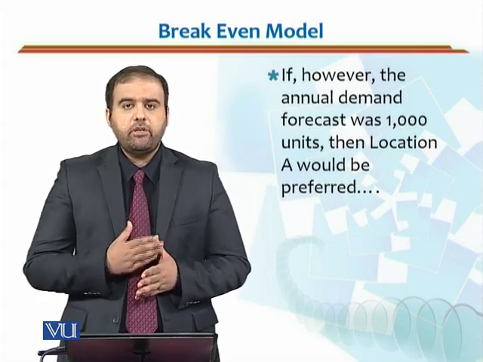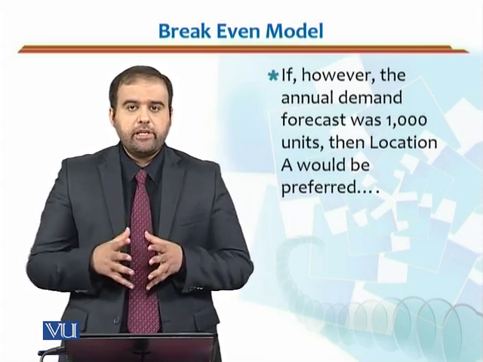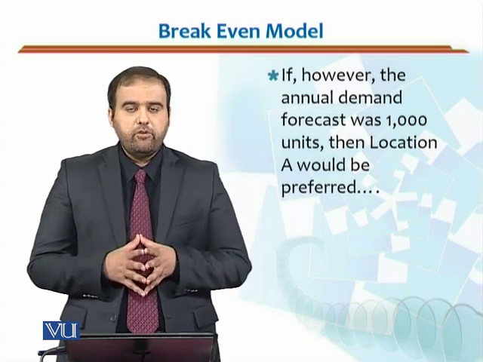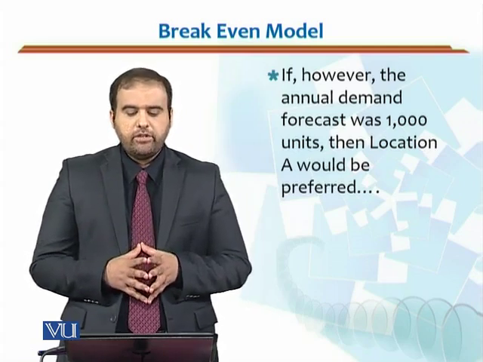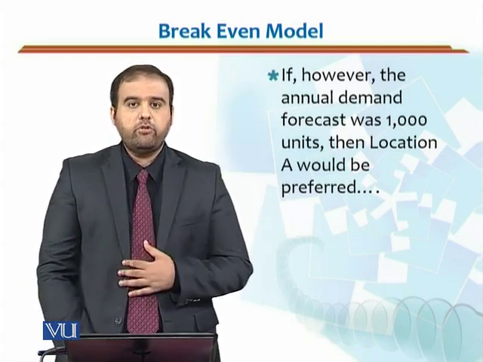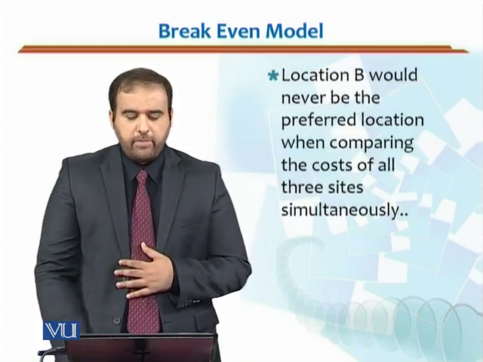C में हमारे पास variable cost कम होती जा रही है according to the analysis. अगर आप तीनों separate analysis को भी देखें तो 3000 तक अगर आप जा रहे हैं तो C was better. But if it is less than 1000 units, location A would be preferred. अगर ये forecasted figure होती कि 1000 या उससे less है तो A would have been preferred.